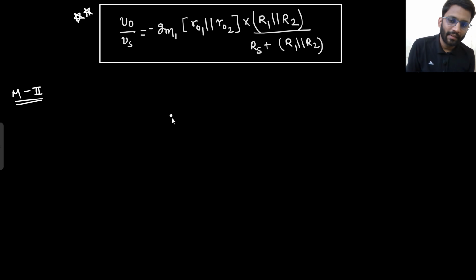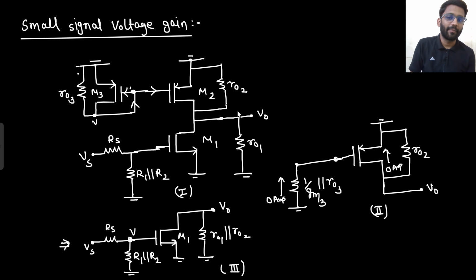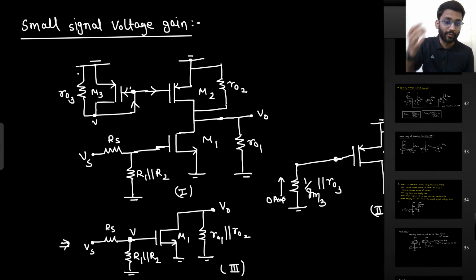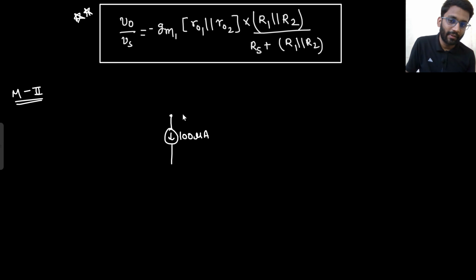So simply we have a 100 microampere current source here. Now how much output impedance is this 100 microampere current source having? From this particular node you will see that it is R02, right? So you will make that this is the 100 microampere current source, which is having a resistance of R02, and then you are having a common source amplifier.